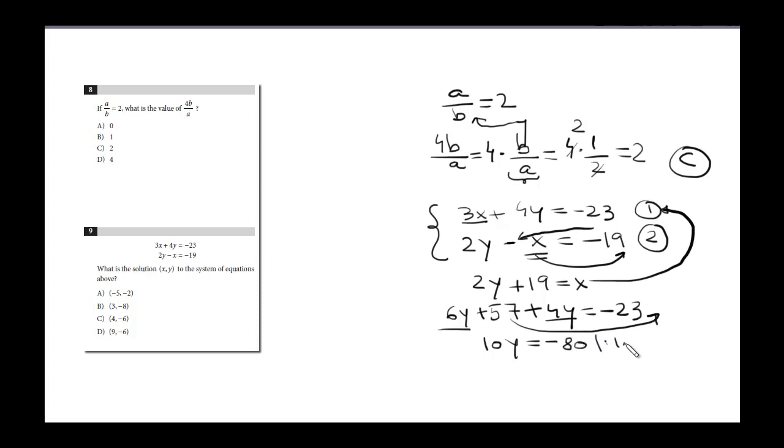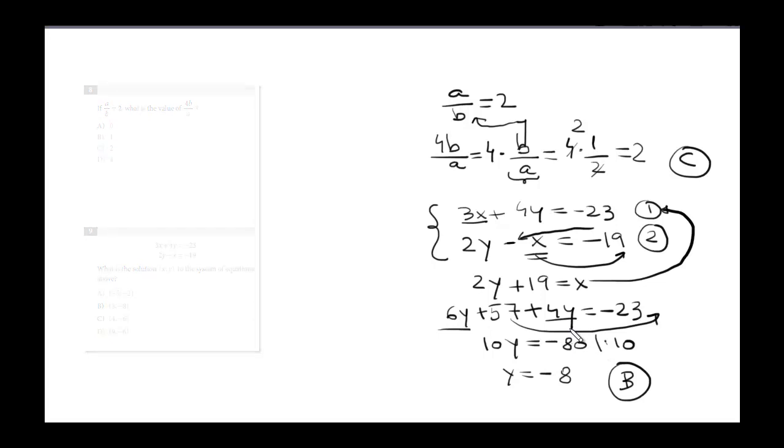We divide both sides by 10. So y will be minus 80 divided by 10, negative divided by positive, negative 8. Therefore, when I'm looking at the answer, the only answer which has the y negative 8 is the answer B. There's no need to find x.